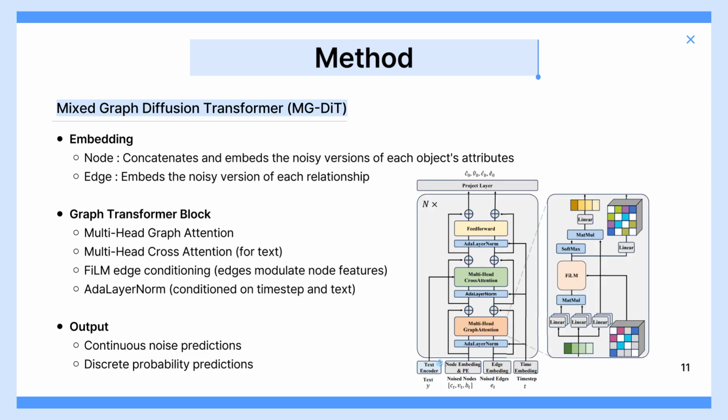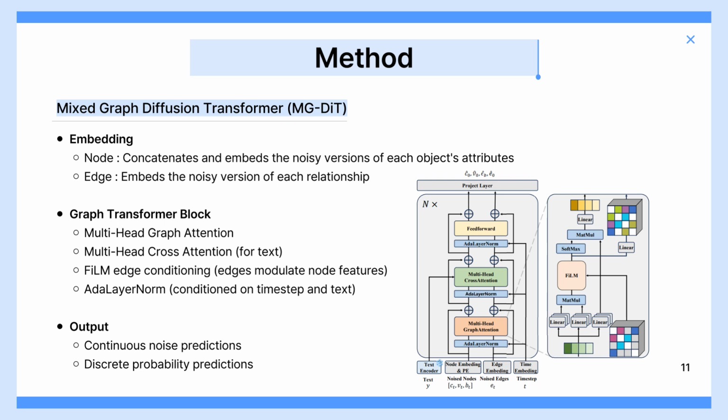Here we look at the internal structure of the MGDIT network. Each object is represented as a node, and the node embedding contains noisy versions of all object attributes. Each relationship is represented as an edge, and edges are also embedded with noise.